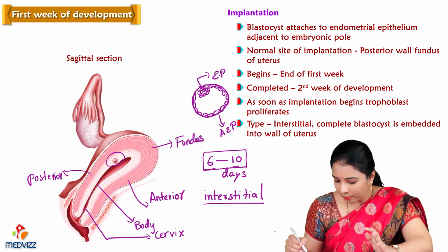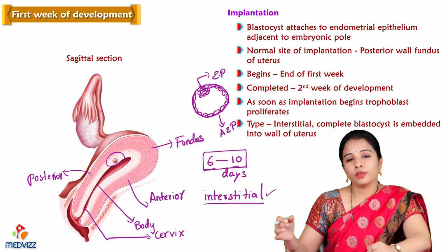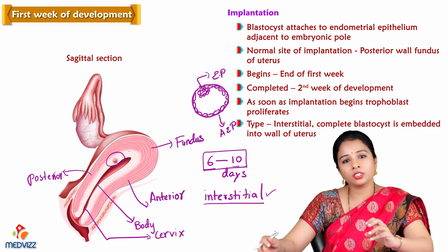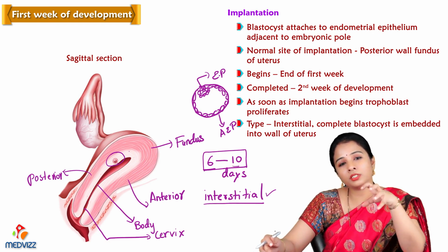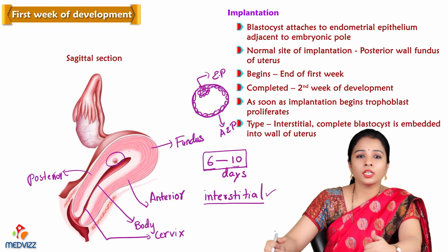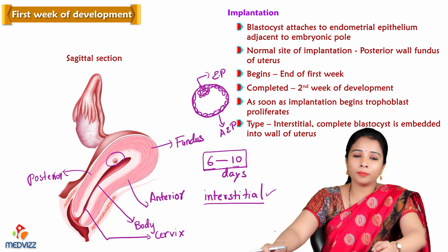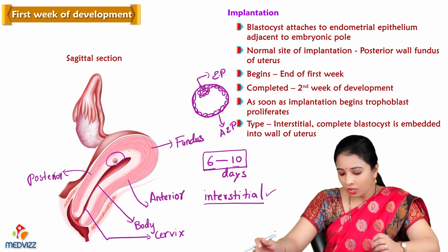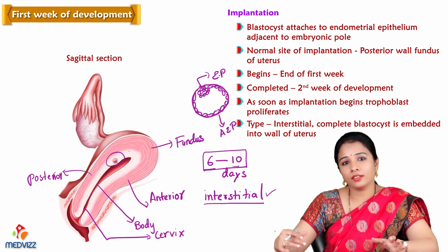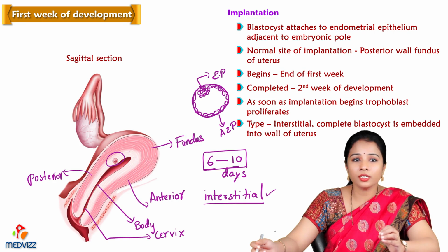Whereas in other animals, part of the blastocyst erodes the endometrium, meaning part of the embryo will be inside the endometrium and part of the embryo develops outside, within the uterine cavity. So it is partially embedded within the endometrium all through the pregnancy. In humans it is completely embedded within the wall of the uterus. That is called interstitial implantation.